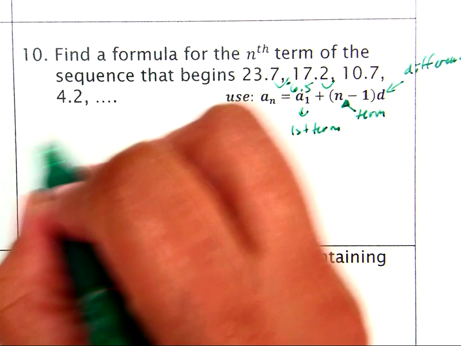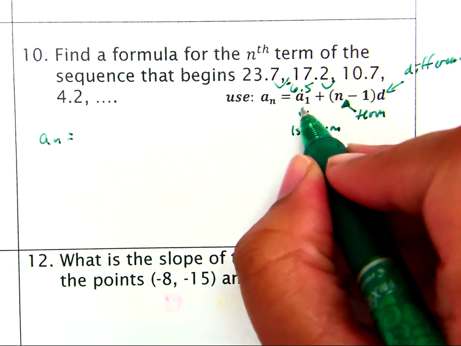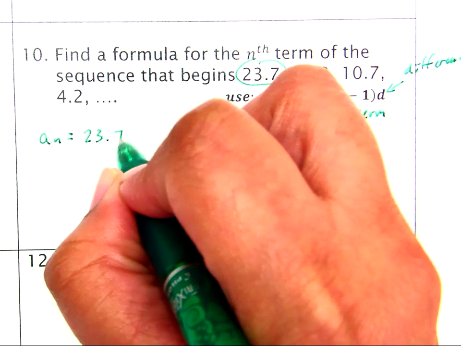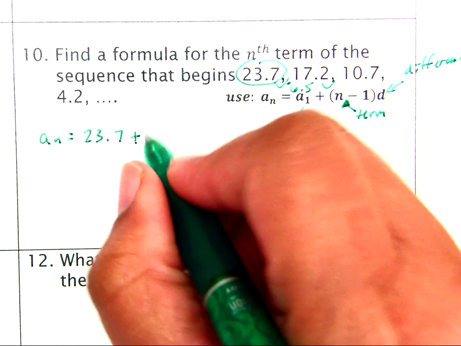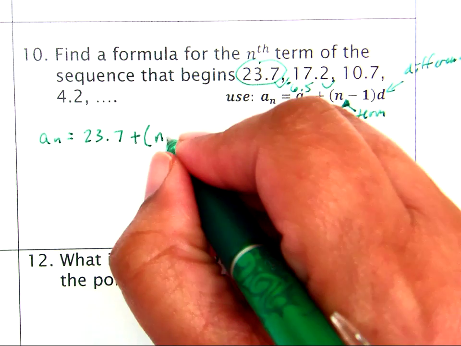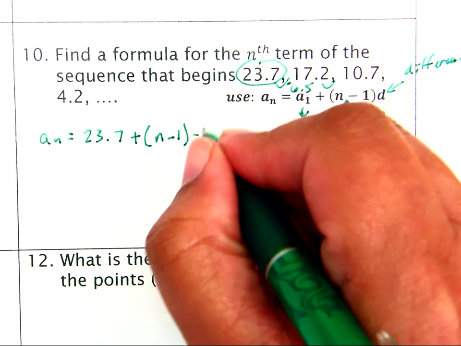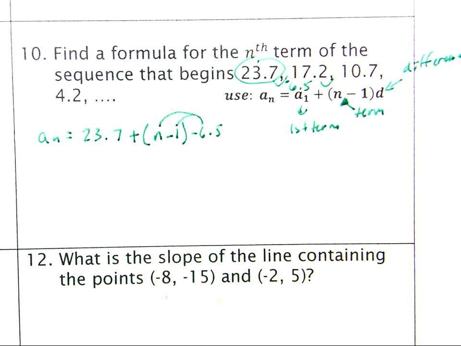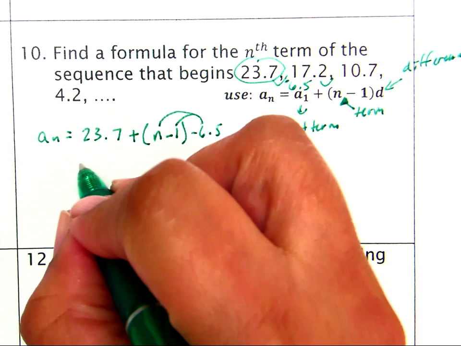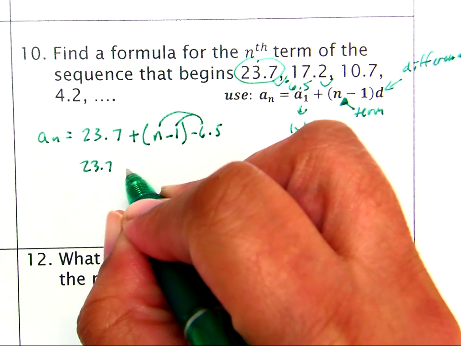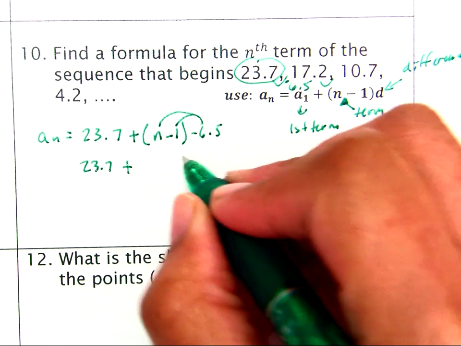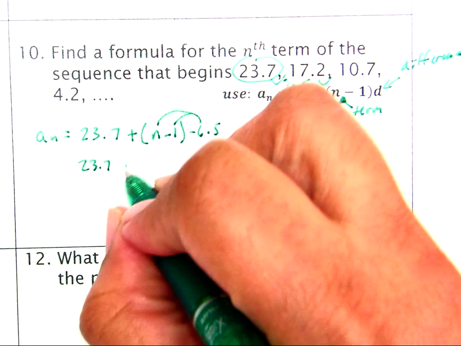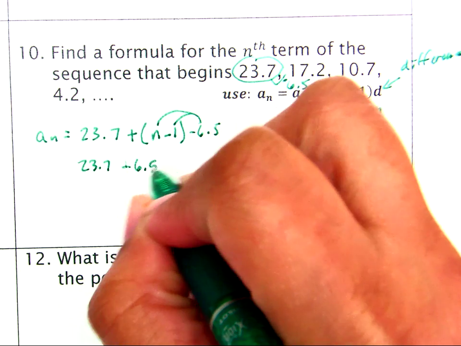Okay, so a to the nth power is our first term. So 23.7 plus, we don't know what we're looking for, it's the nth term, and then negative 6.5. So now I have to distribute that to both of these. So I have 23.7 plus, oh, not plus, because negative 6.5 times n is negative 6.5n.